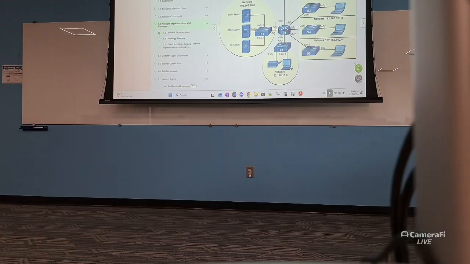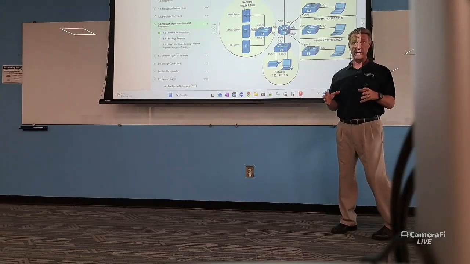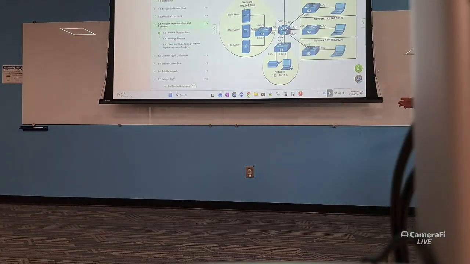As far as this diagram is concerned, though, they are in the same network, so we draw them together in this network that we call 192.168.10.0. Okay? That is an IPv4 network address representing this group of devices.